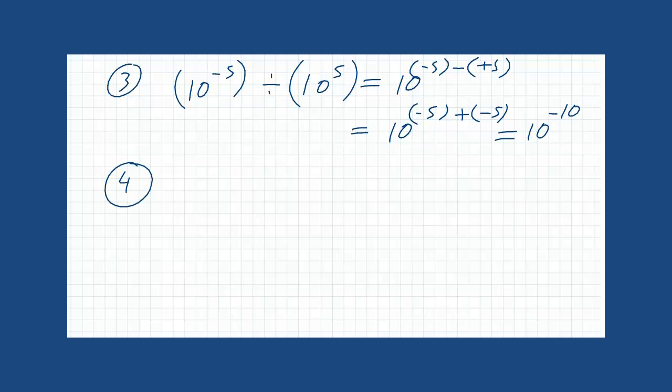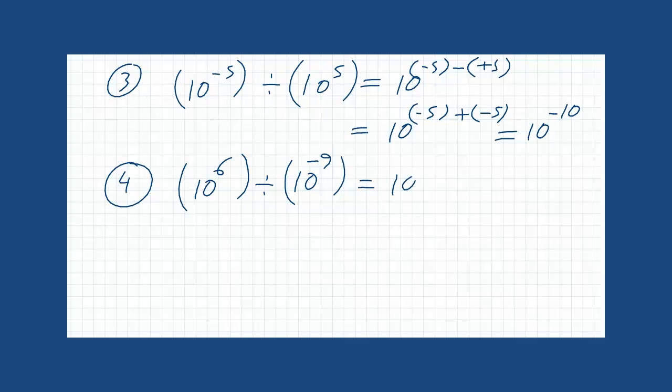Example 4, 10 to power 6 divided by 10 to power negative 9 is equal to 10 to power 6 minus negative 9, which is going to be 10 to power 6 plus positive 9, and this is going to be 10 to power 15.